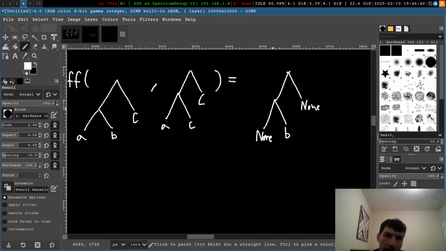Yeah, because this describes what the difference was required to get from A to B, I think.